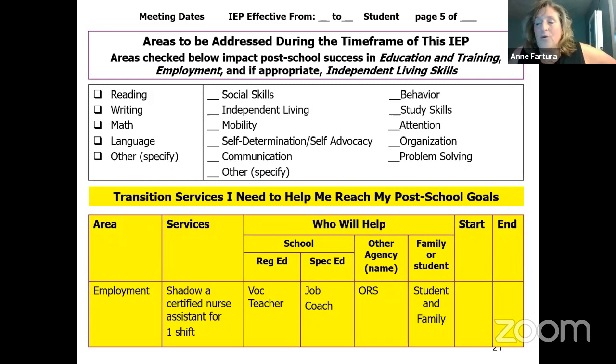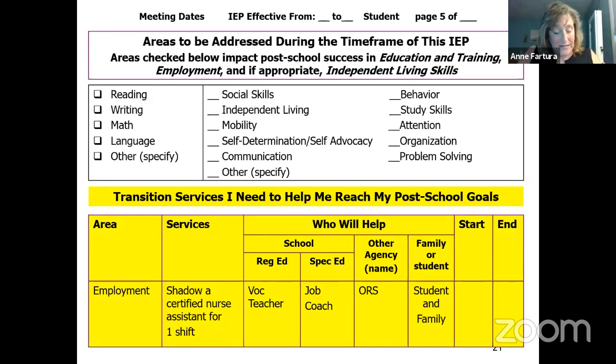We want to look at where their areas of needs are, what they have not accessed so far. And the example here on this page is in the area of employment. Your transition services will be aligned with those 3 areas of post-secondary goals that we talked about: employment, education and training, and independent living. There should be services in each of those areas.